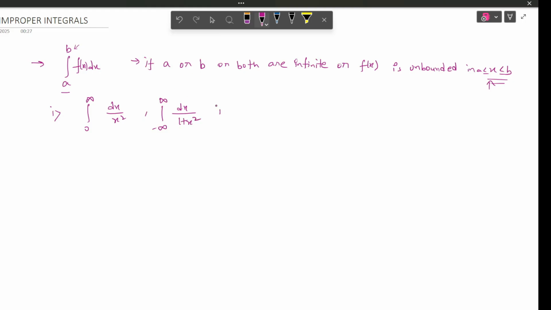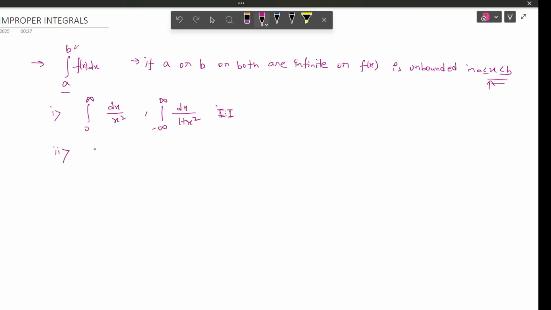These are improper integrals, because in the first one b is infinite, and in the second example a and b both are infinite, so these are infinite integrals.